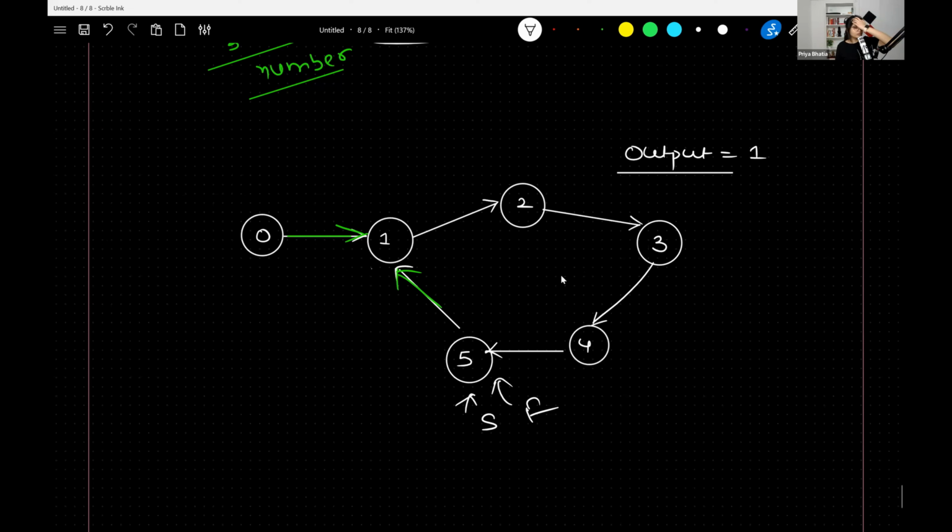Now what will I do? I will keep my fast pointer as it is, but I'll change the location of the slow pointer, starting again from 0. That's what I did in the second phase too. Have you remembered that, the code part? Now again, we move one step at a time until both of them meet.